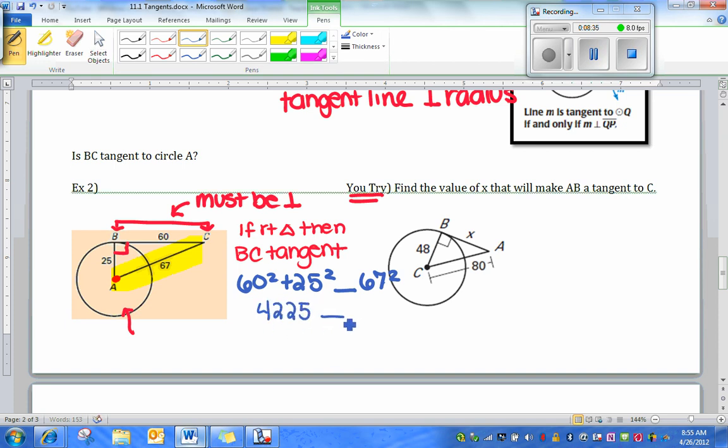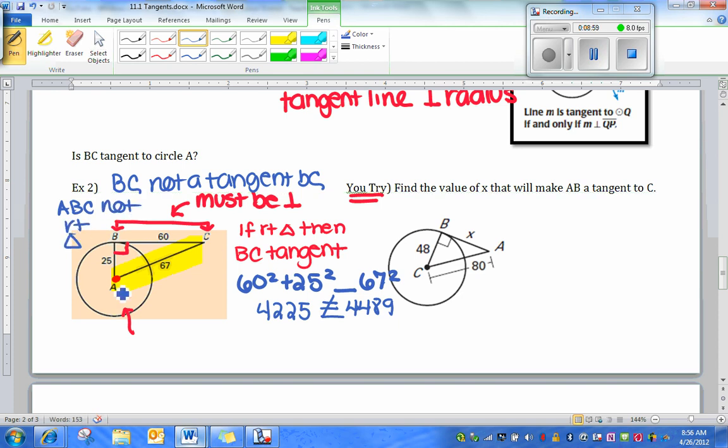And if you square 67, you get 4,489. Since these are not equal, BC is not a tangent, because ABC is not a right triangle. Therefore, BC isn't perpendicular to BA.